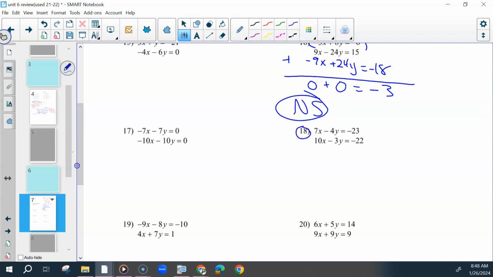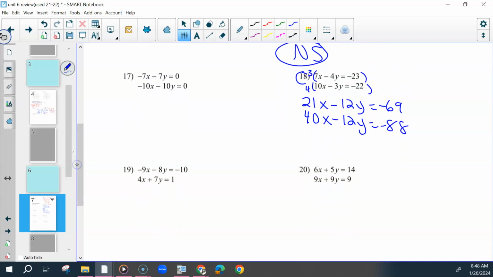Do we want to eliminate x or y? Y, okay. So to eliminate y, think of a number these both go into. 12. So I can multiply the first by 3 and the second by 4. And then to eliminate our y's, we would add or subtract.